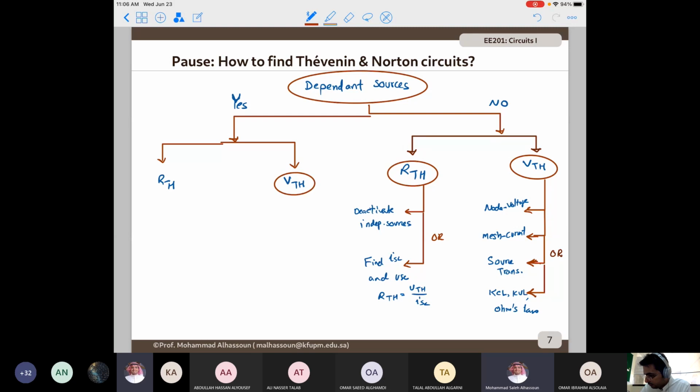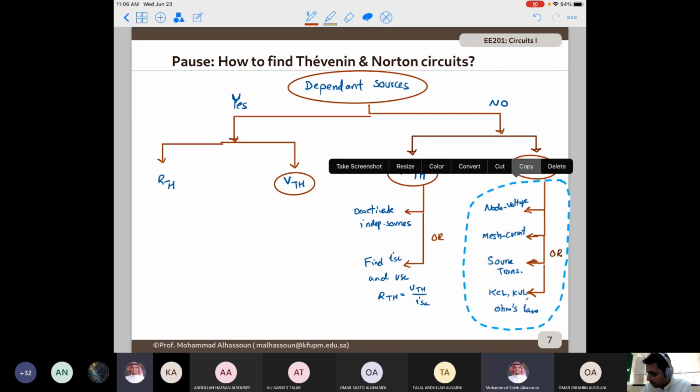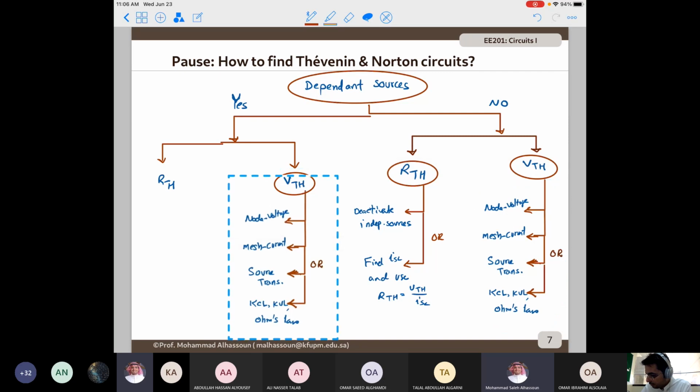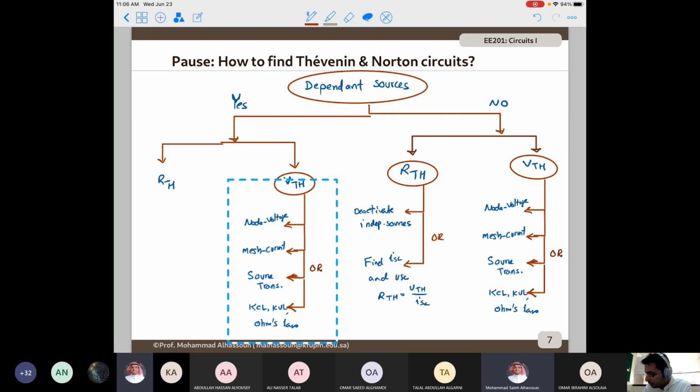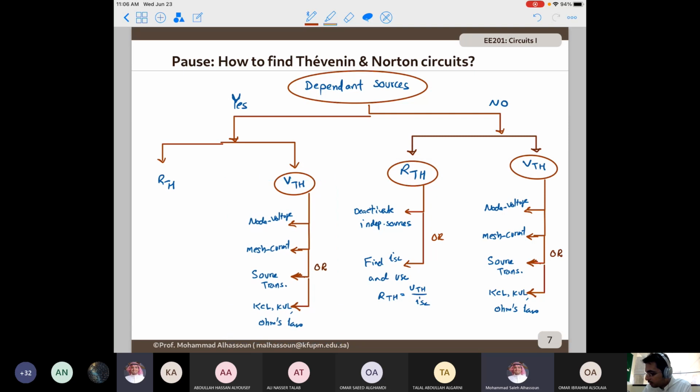Finding the Thevenin voltage does not depend on whether we have a dependent source or independent source, because you can still use the same method.